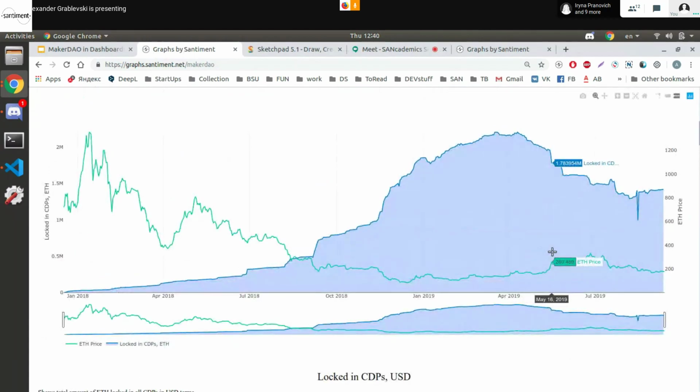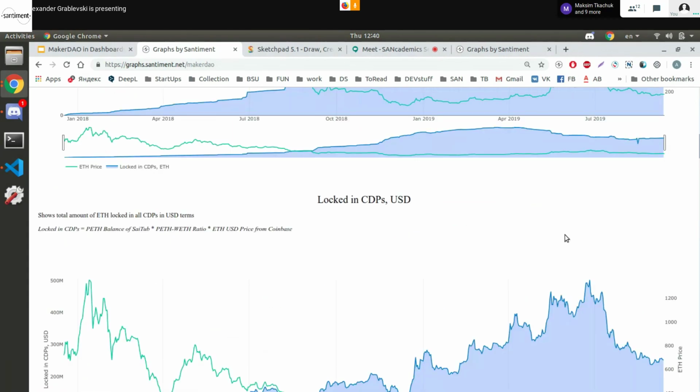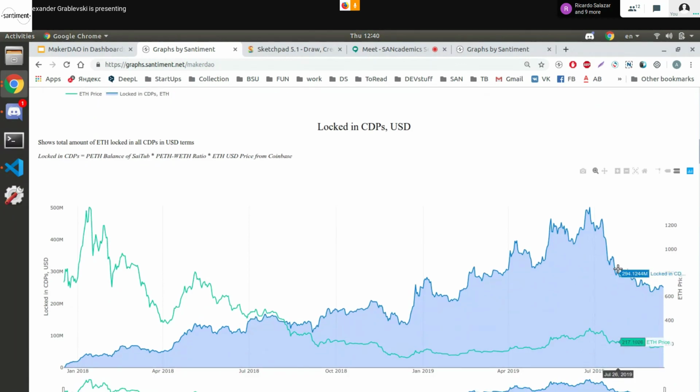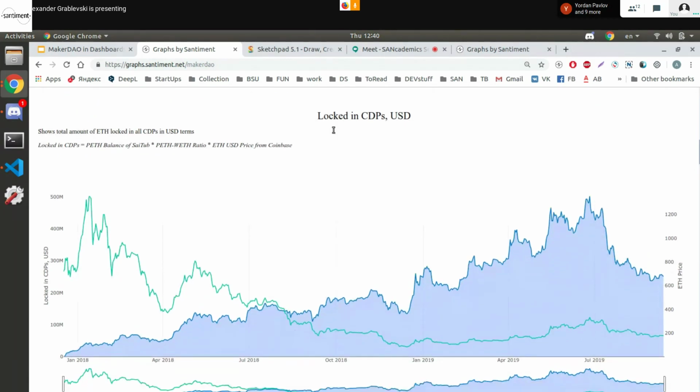Your CDPs can stay in the safe zone with this liquidation ratio with less USD, with fewer ETH tokens, when the ETH price is going up, and you can see it here. So actually MakerDAO was growing up to this point, and when the ETH price goes down, more people liquidate their CDPs here. That's basically clear with this graphic.